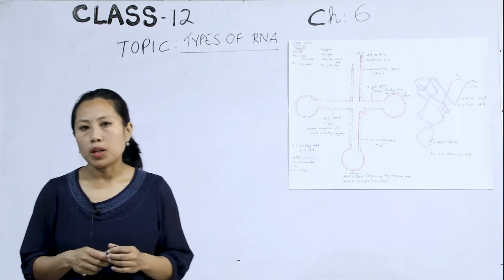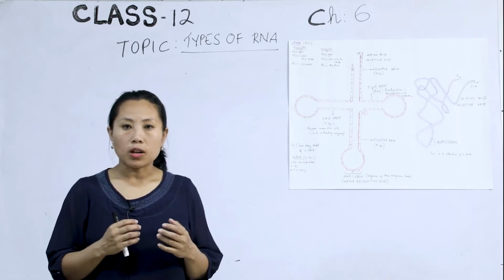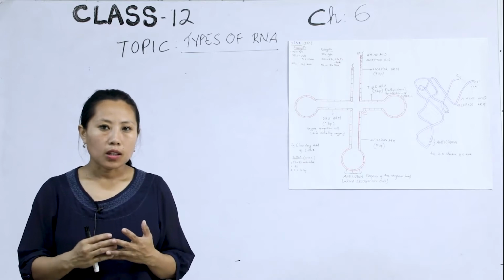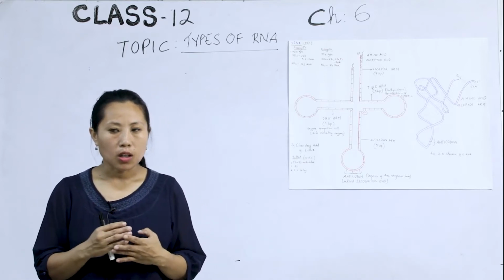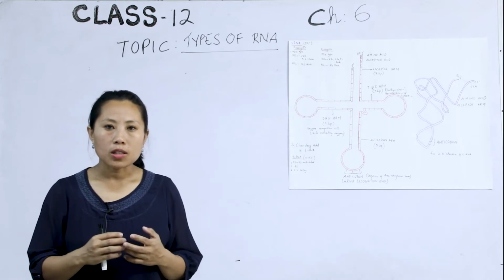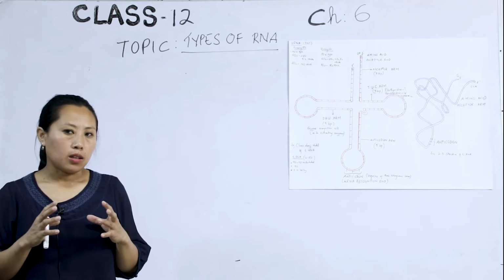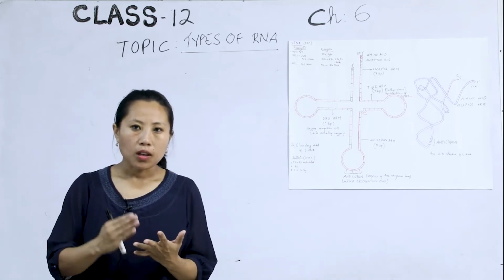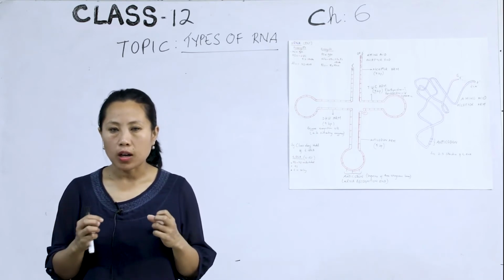In DNA, the bases are adenine, guanine, thymine, and cytosine, while in RNA, thymine is replaced by uracil. So adenine, guanine, uracil, and cytosine are the 4 types of bases found in RNA. The bases, the phosphate, and the sugar together constitute the nucleotide, and they form the monomeric units of RNA.